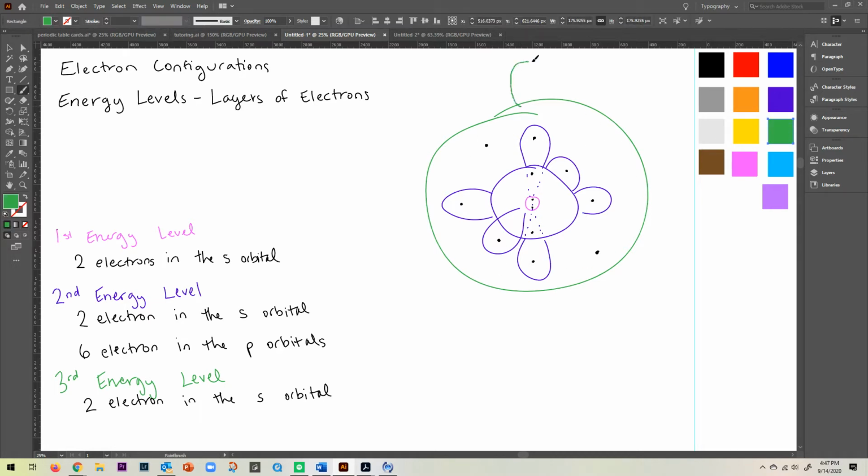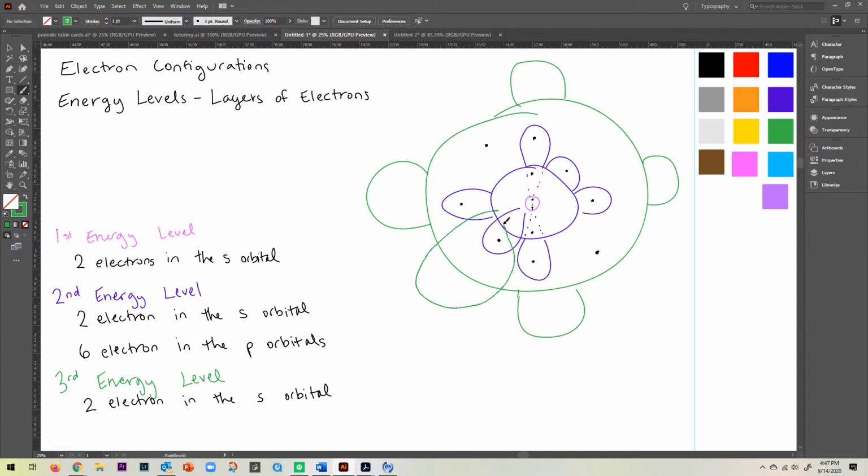But just like before, here's 1 p orbital, here's another p orbital, and here's another p orbital, right? So if I wanted to add another electron, I would add it to the p orbitals.